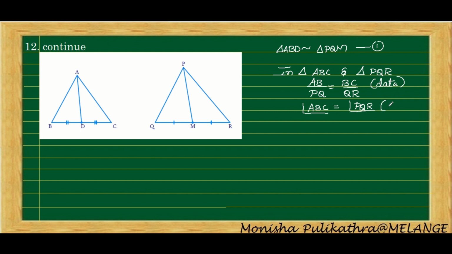Why? Because of equation 1. Since ABD and PQM are similar, these angles are also equal to each other. Since two sides and one angle are equal, by SAS similarity criterion, side, angle, side, we can clearly prove that triangle ABC is similar to triangle PQR. So this is the thing we needed to prove, right?